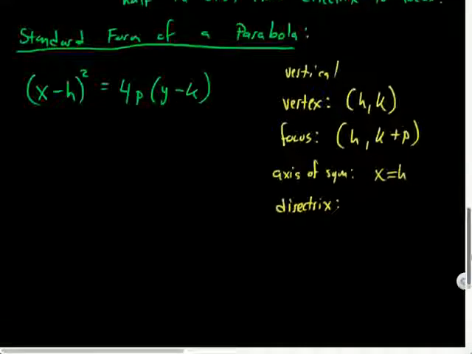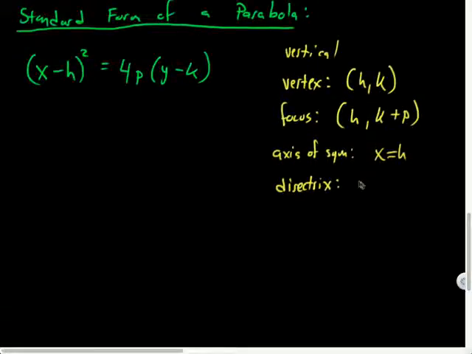So the directrix is a horizontal line in this case, and it passes through y = k − p. So it's p units underneath the y coordinate of the vertex.